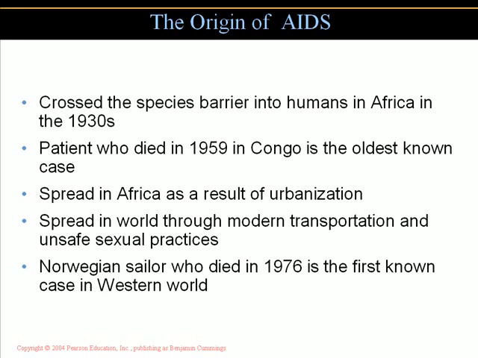Patients who died in 1959 in the Congo represent the oldest known case of HIV, which spread in Africa as a result of urbanization, and spread in the world through modern transportation and unsafe sexual practices. A Norwegian sailor who died in 1976 is the first known case in the Western world.